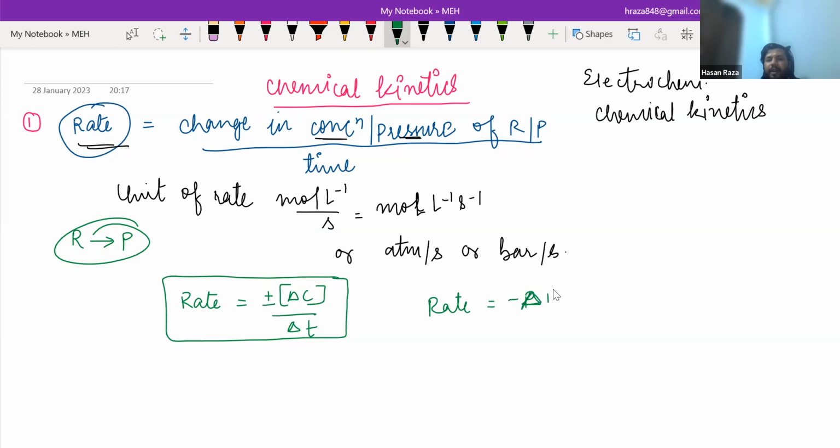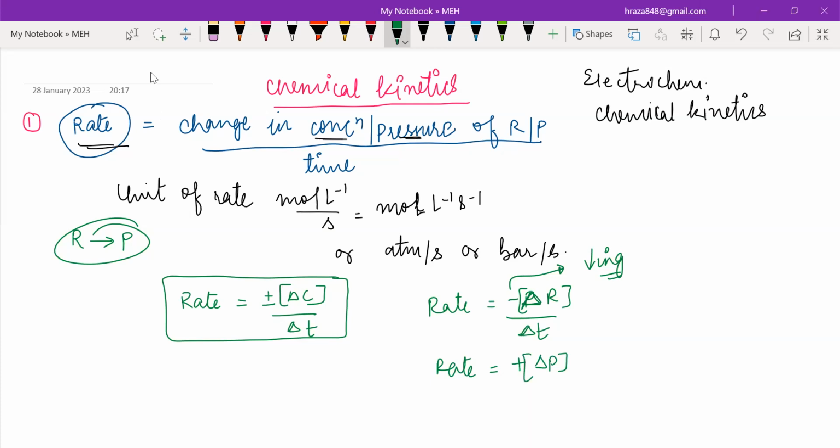Why this negative sign? This negative sign tells you that it is decreasing. That is why we use the negative sign, because the reactant decreases, and for the product we use positive because it increases.